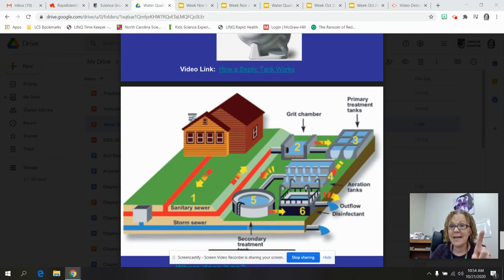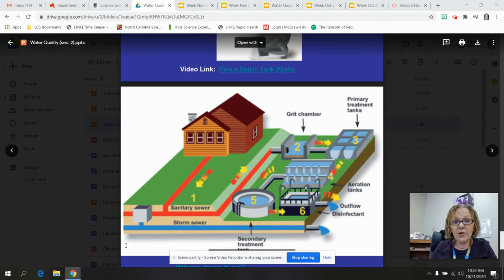Now, that sanitary sewer system is different than the storm sewer system. If you look at the blue, you see this little vent on the road or in the yard. That means anything that lands on the ground, the road, anything at all, your driveway, is going through the storm sewer. That's a different pipeline than the sanitary sewer, okay?